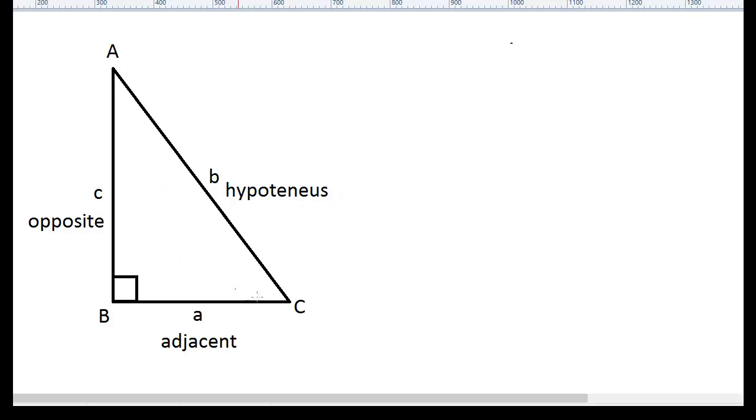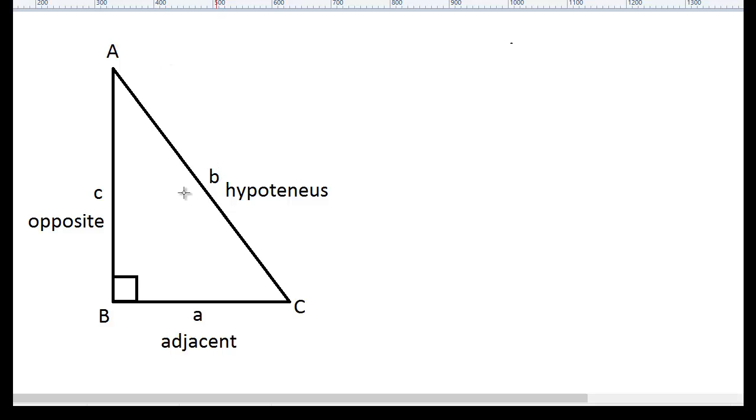Anyways, the reason why this is called the adjacent side is that adjacent means beside. So this side a is beside angle C, and this lowercase c one is opposite of angle C. You would not consider the hypotenuse to be adjacent ever, because it's the longest side and it's always the hypotenuse, and that's how you can distinguish it.